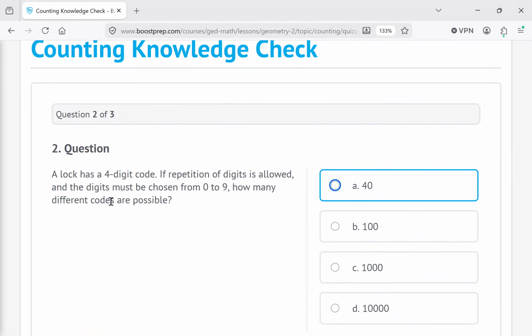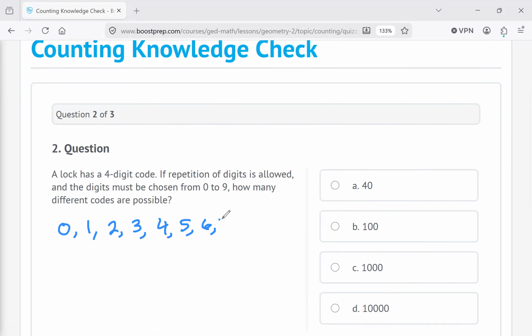So from 0 to 9, how many numbers is that? So that means it's really from 0 to 1, 2, 3, 4, 5, 6, 7, 8, 9.